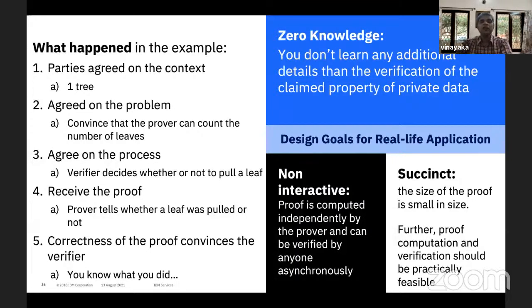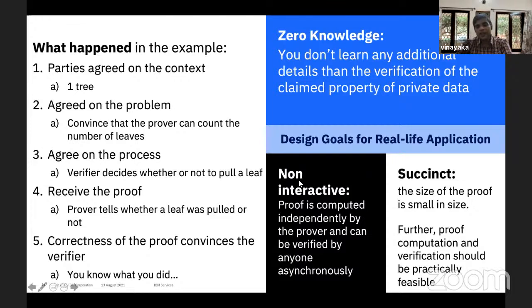Okay. But all of them have one problem, which is that there is a need for interaction between the prover and the verifier, right? They need to interact. And that interaction is not very desirable when you are trying to design real life applications. Okay. And therefore, there's a lot of research that has gone in designing protocols which have the following nature.